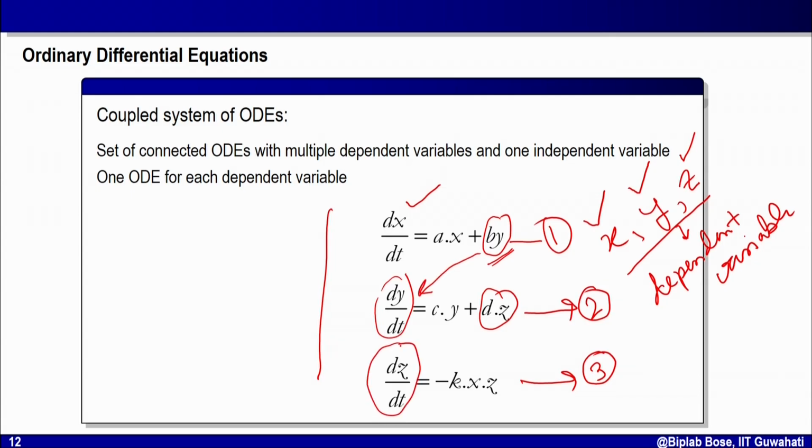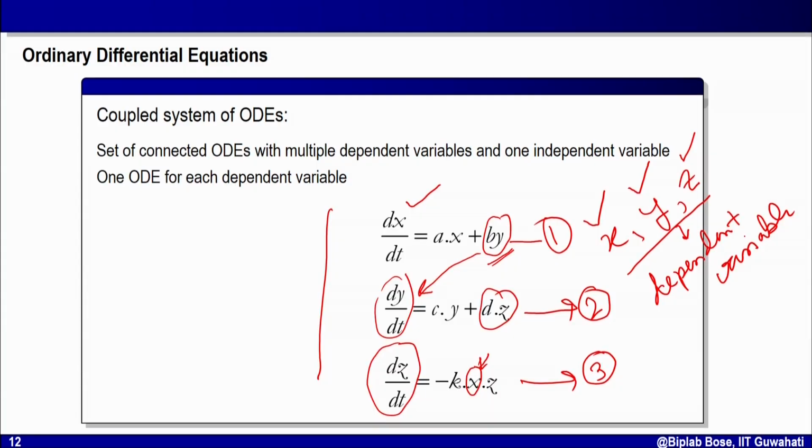Whereas dz dt also has x, that means I have to know x to know dz dt. So x, y and z are changing with time and their values depend upon each other. This type of system is called a coupled system of ODEs. In most of the biological problems that we will deal with, we will have coupled systems of ODEs.